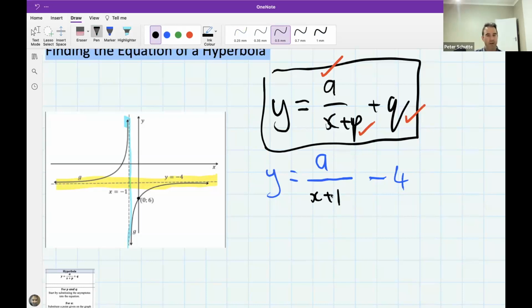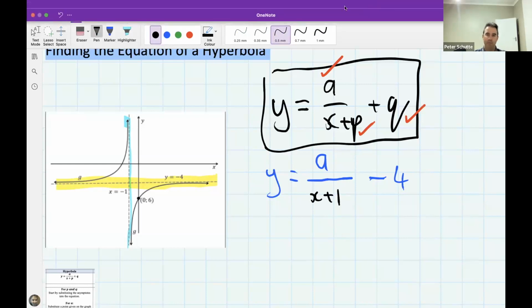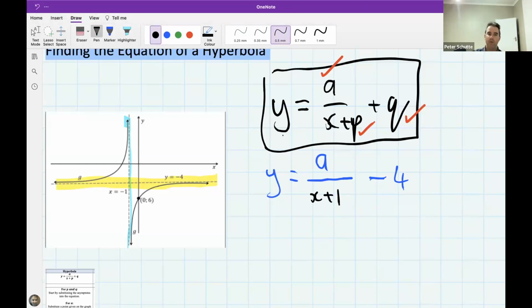So it's not -1, it's going to be x plus 1. So it's actually quite quick and easy to get the Q value. And then the P value has a little bit of extra thinking, but it's not too bad. You just have to remember that it's what value of x will make this thing 0. And the only way this thing becomes 0 is if you have -1, which is what you wanted.